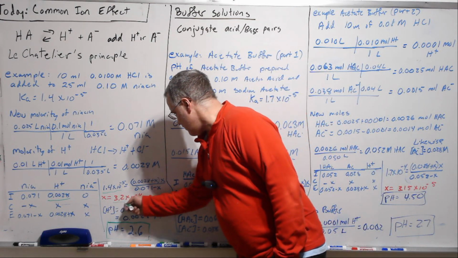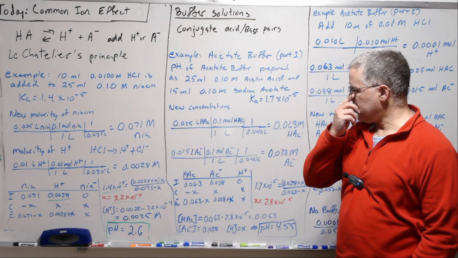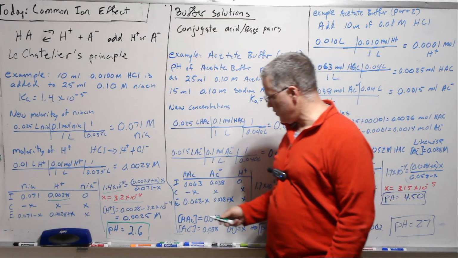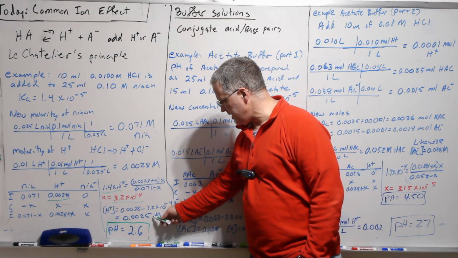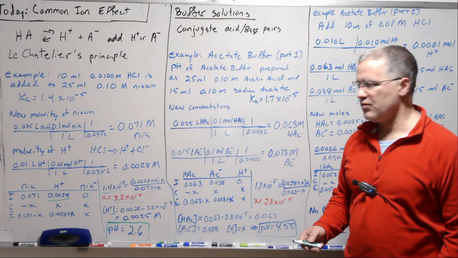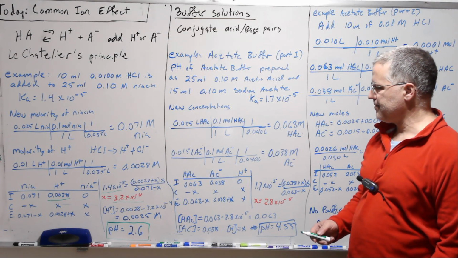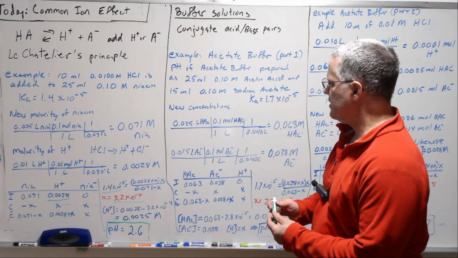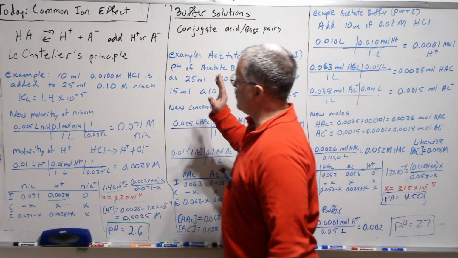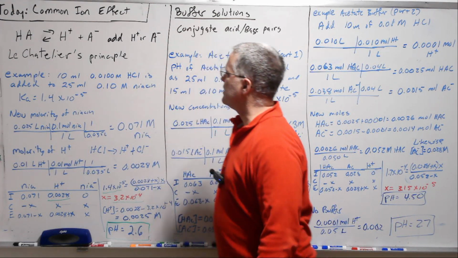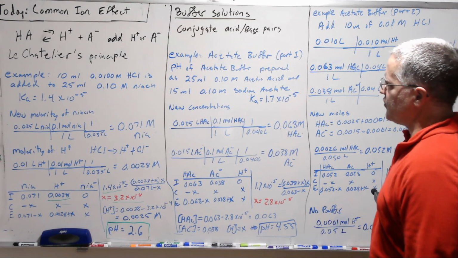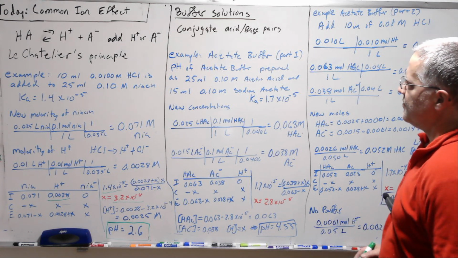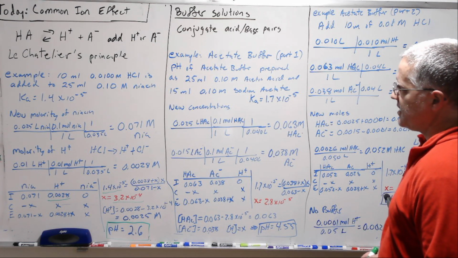The physical value of X is 3.2 times 10 to the minus 4th. And so that does change things a little bit, and we get a pH of 2.6, which is going to be a little bit shifted more back this way because we've added a product.